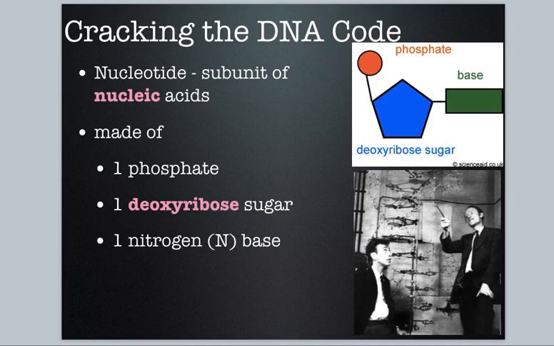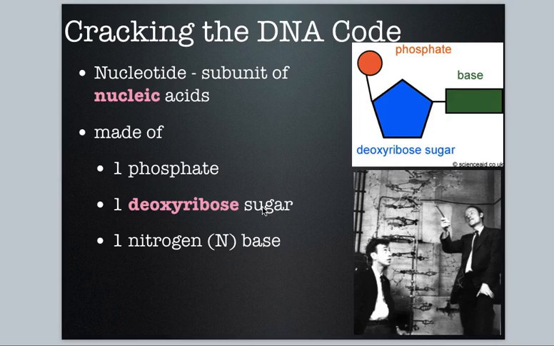So moving along the first page, you know that a nucleotide is a subunit of a nucleic acid. That was in our macromolecule first unit. This is what a nucleotide, or a building block of nucleic acids, looks like. It is made up of one phosphate, which is always drawn as a circle. It's labeled here.